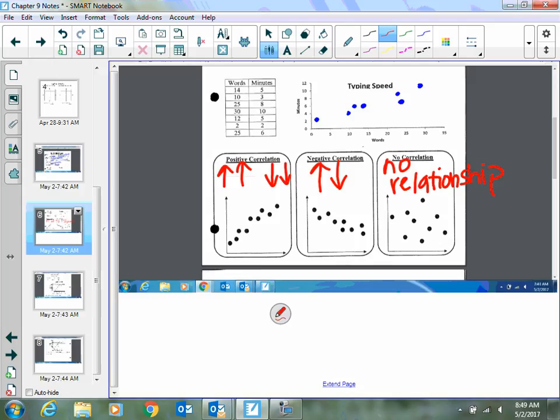We can say a student's grade compared to how tall they are. Doesn't relate to each other. You could say how hot it is compared to how much food you eat. There's no correlation. So no correlation is two things that don't affect one another.